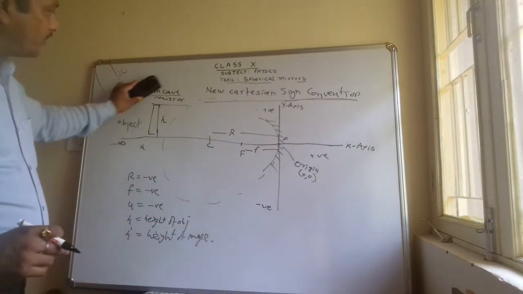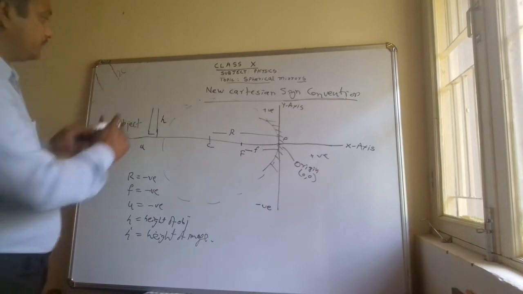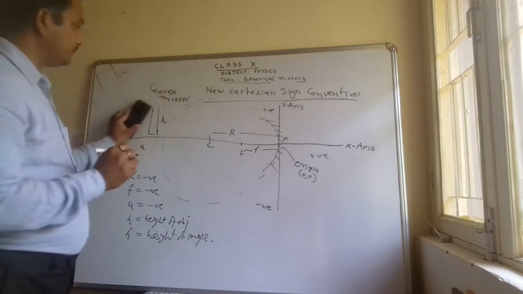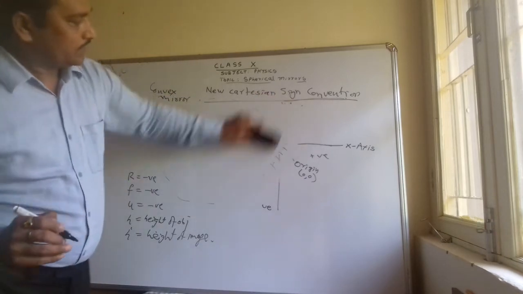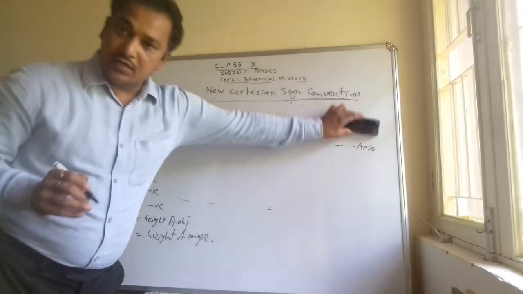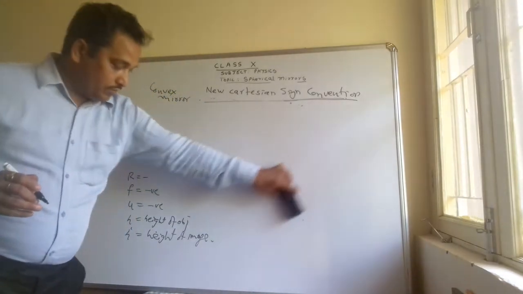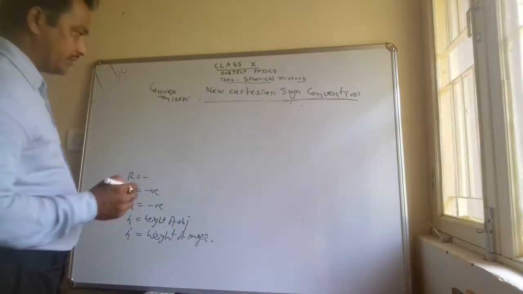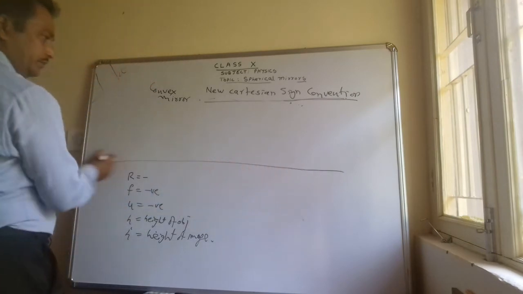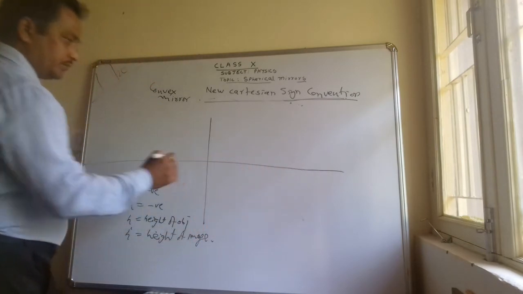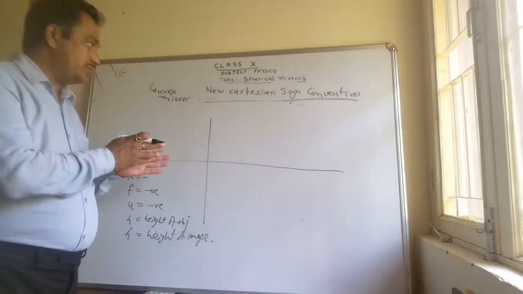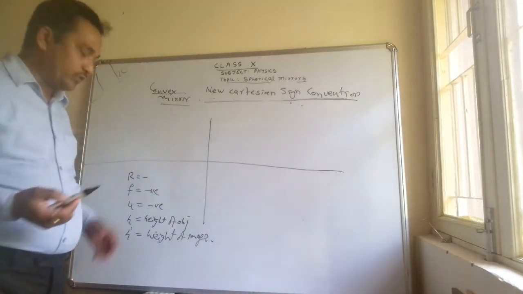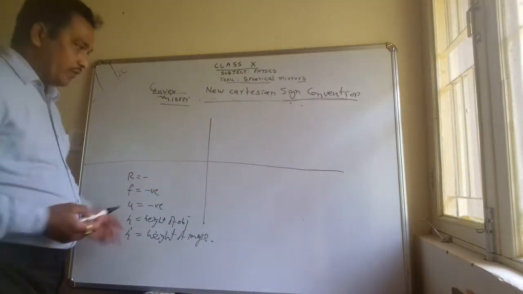So let us see the convex mirror. Again we will keep the convex mirror in such a way that the pole of the mirror is coinciding with the origin of the graph, correct? So this is the graph, and we will keep the convex mirror here. As per the new Cartesian sign convention, we will know which sign, positive or negative, will be for the focal length and radius.